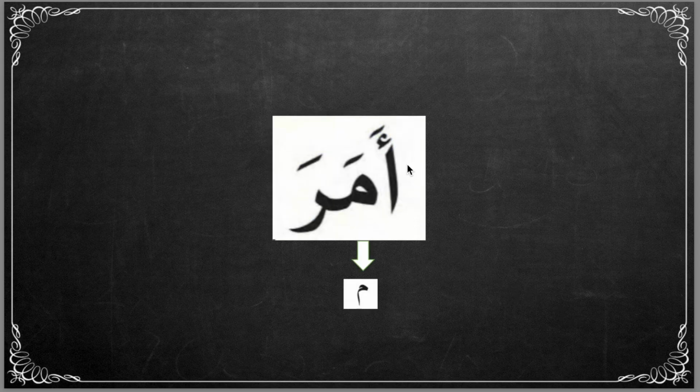Our next word is Hamza with the fatha sitting on an alif. And we will say a. Then we have Mim with the fatha. And here we'll see that we are only looking at the defining feature of the Mim, which is the head. And this will be ma. Then ra with the fatha, ra.